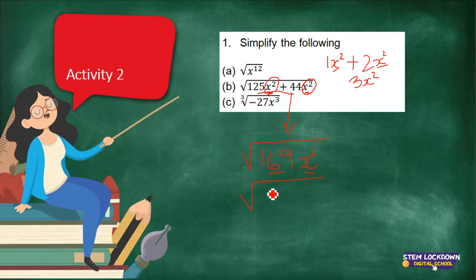In this case, I know that 10 times 10 is 100. 11 times 11 is equal to 121. 12 times 12 is 144. Learners, you need to know this by heart. And 13 times 13 is 169. So in other words, 13 times 13 gives you 169. So the square root of 169 is 13.